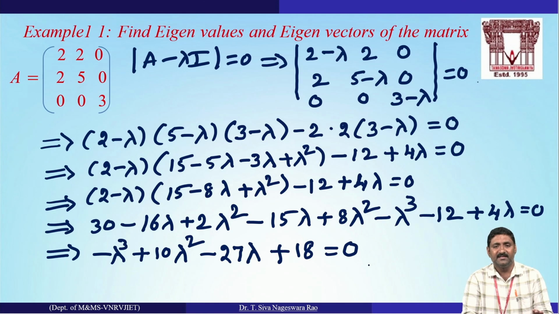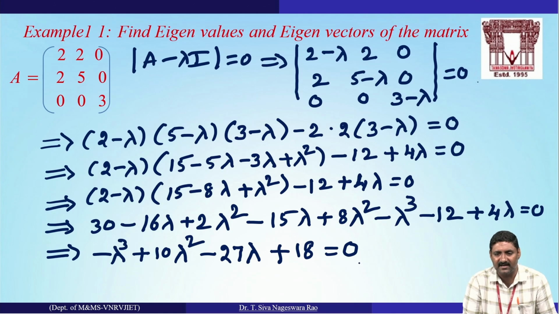So this is how we find the determinant of the characteristic matrix. Please keep it in your mind, my dear friends: whenever you are calculating the determinant of the characteristic matrix, please take care and write every step very carefully. If you are not concentrating on these steps, obviously you will get the wrong answer.